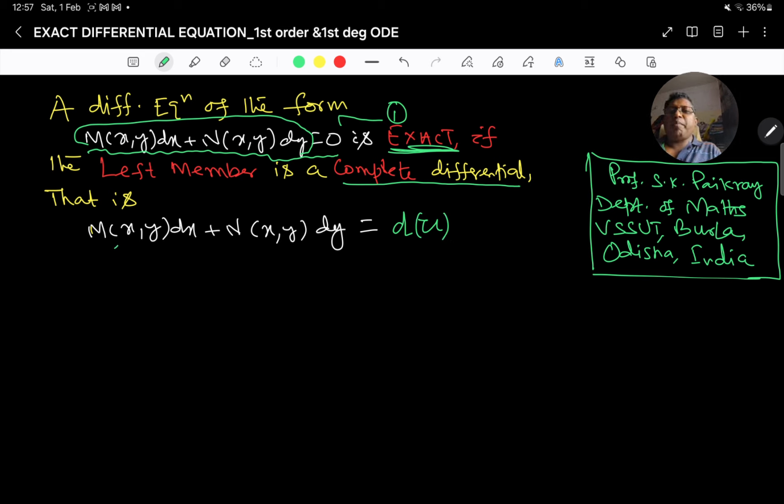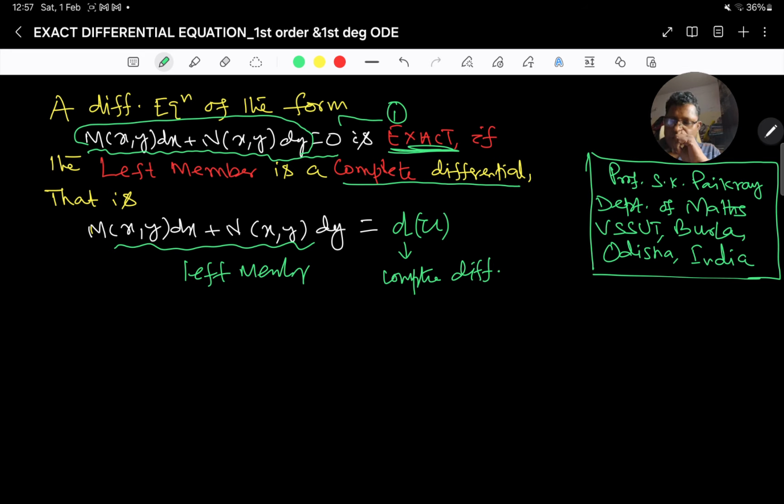Then only this is said to be an exact differential equation. This is the basic definition of the exact differential equation, but generally students confuse this definition with the condition of exactness.